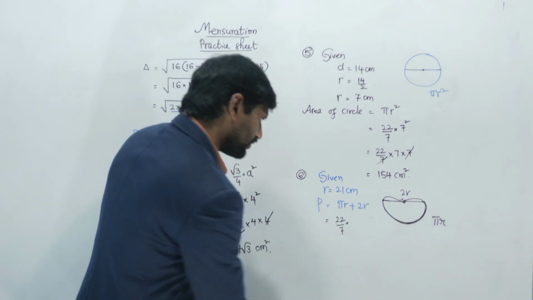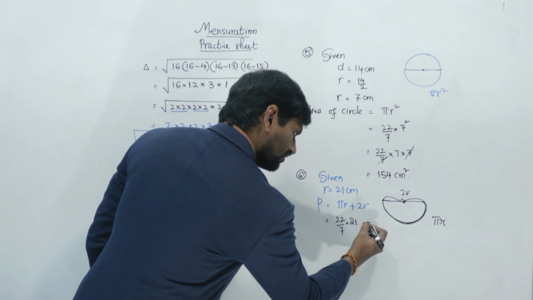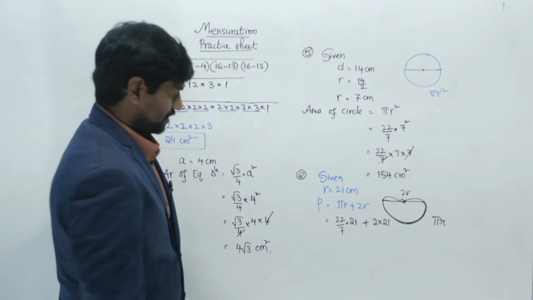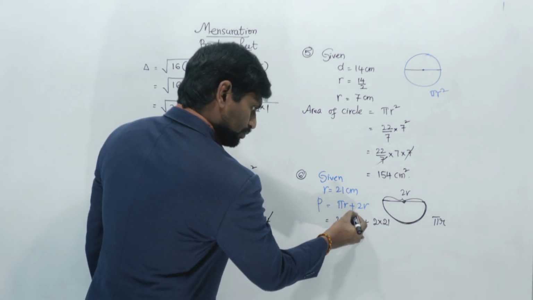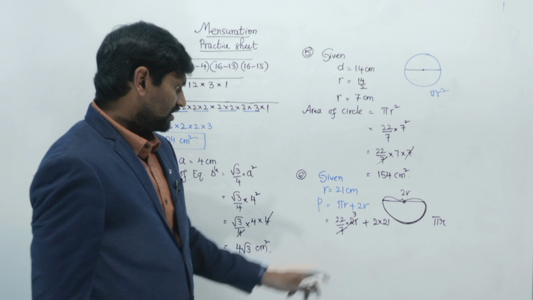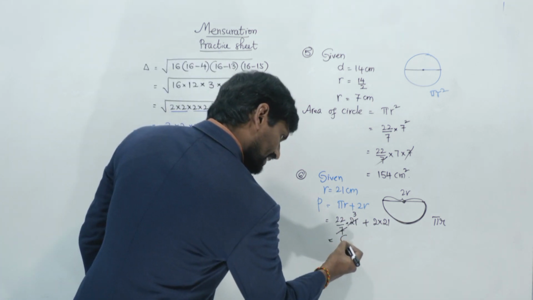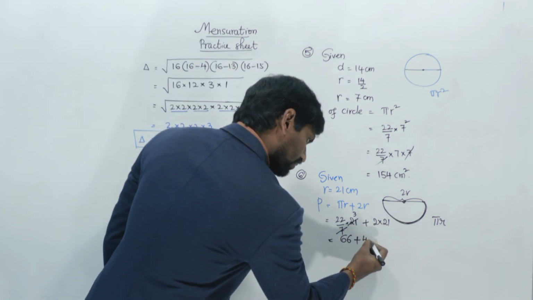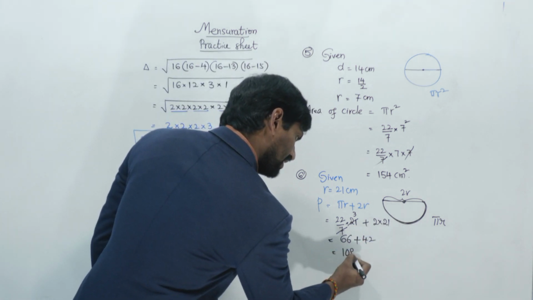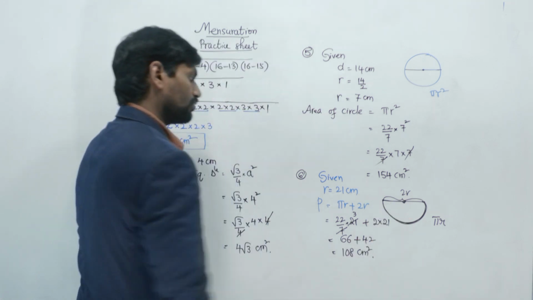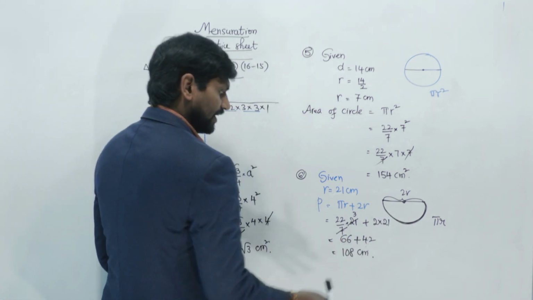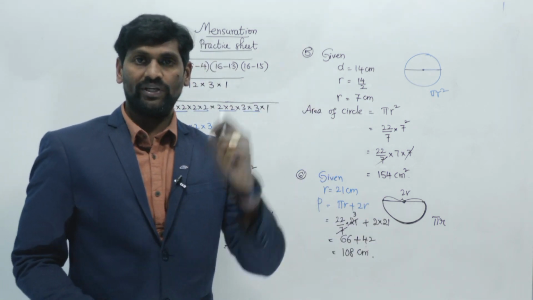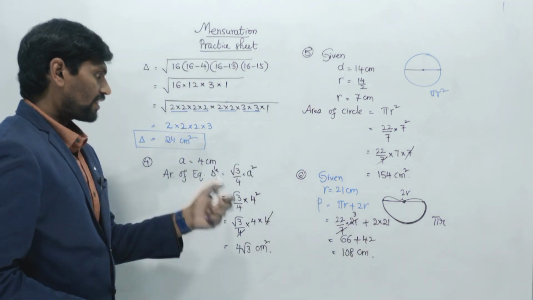In place of r we should write 21. And 2 into r, 2r means 2 into 21. Now 7 table in 21 exactly 3 times. 3 into 22 is 66 plus 2 into 21 is 42. Add both of them, it will be 108 centimeter square. Sorry, centimeter. Perimeter is always measured in units. Area is always measured in square units. Please check.